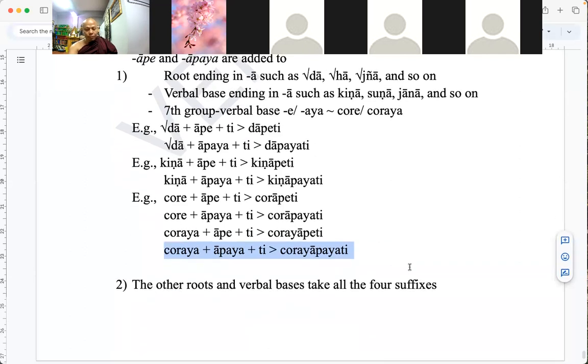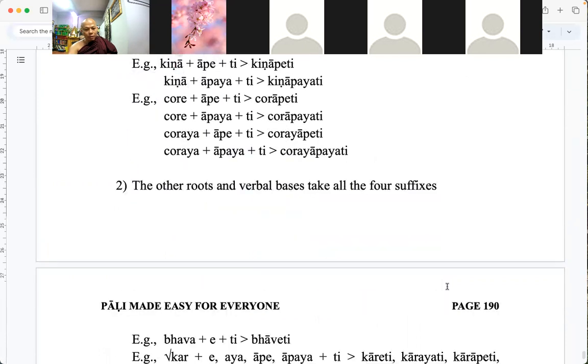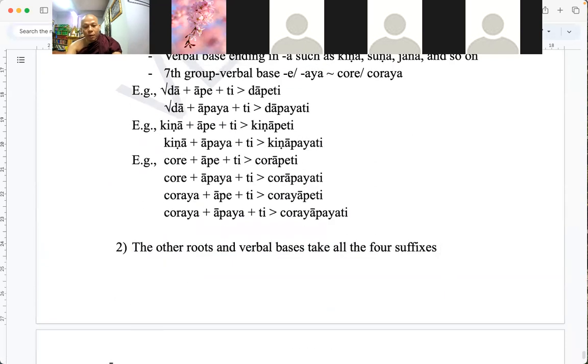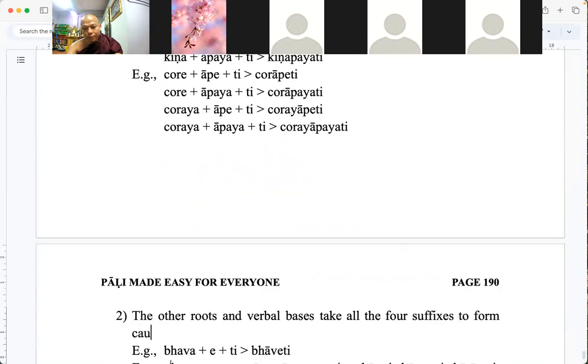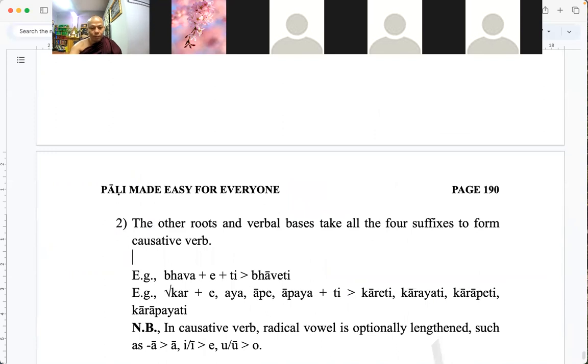But the rest, the other roots and vowel bases, take all four suffixes to form the causative. Here is an example: bhava, bhaveti.